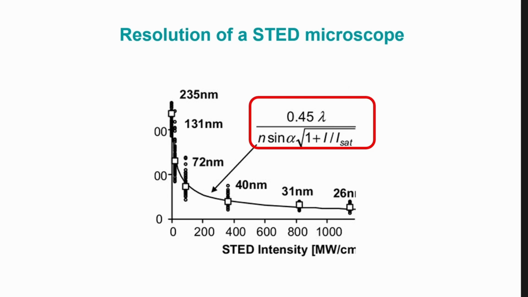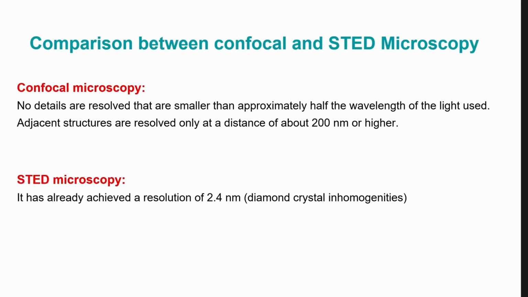So if you go above this energy density, around 40 nanometers maybe, you don't gain much more by increasing the laser power, but you will harm the sample much. So that's why the practical limit is somewhere in this range, where a regular STED microscope can be practically used.